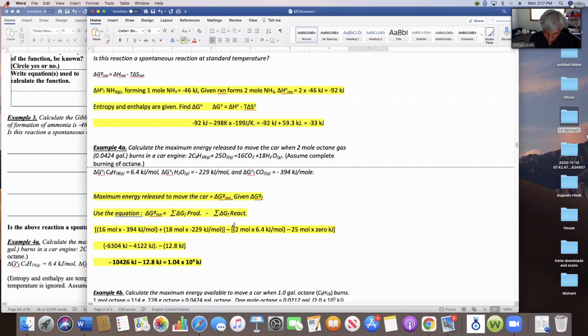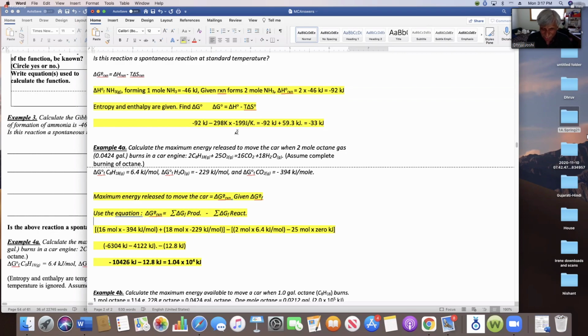Now we are doing delta G of reactants. We have 2 moles of octane. 1 mole of octane is a positive 6.4 kilojoules per mole, not negative, positive. So minus 2 moles multiplied by 6.4 kilojoules per mole. And then we have 25 moles of oxygen.